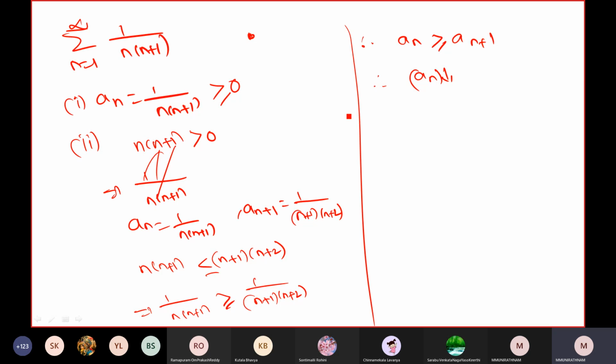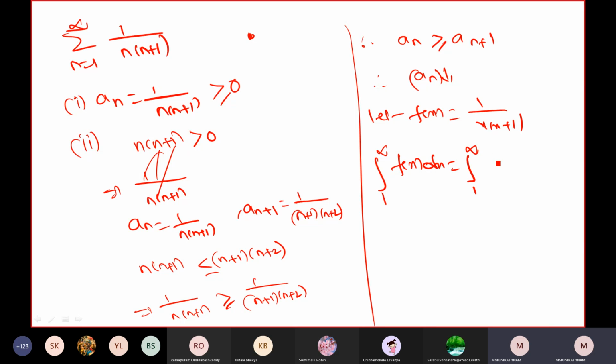Therefore, let f of x equal to 1 by x into x plus 1. Now integral 1 to infinity f of x dx, integral 1 to infinity 1 by x into x plus 1. Anyone? What is this integral value?